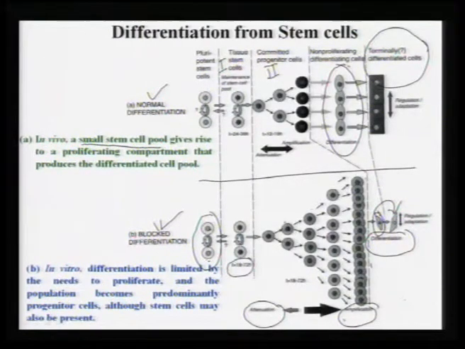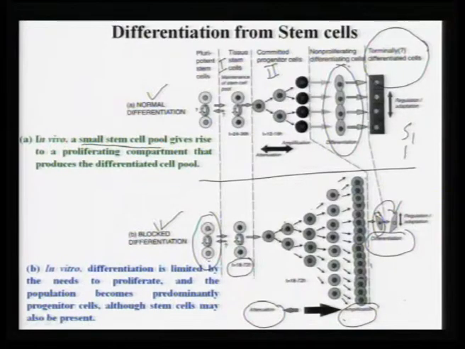Committed cells means these cells are now bound to undergo the differentiation process. It is just like, as I said, in the cell cycle, going from S1, G, S2, M. Once the cell passes the checkpoint between S1 and G, it is committed to enter G, and once it passes the checkpoint from G to S2, the cell is committed to enter the S2 phase.